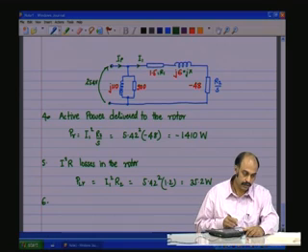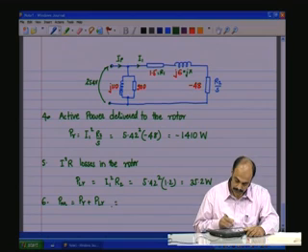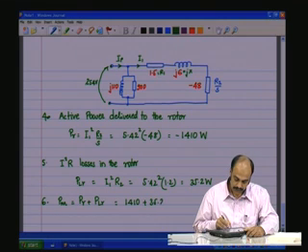Then the sixth point, the mechanical power input to the shaft, PM, which is equal to PR plus P losses. So therefore you have minus 1410 plus 35.2, which is equal to 1445 watts.